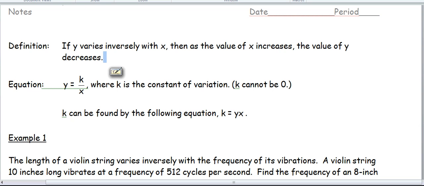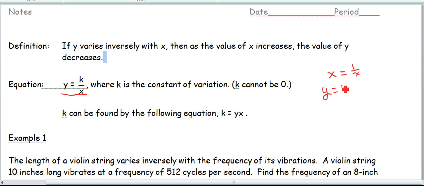Here we have y equals k over x. And let me explain to you how we get this. If I have x, and I ask you what is the inverse of x, the answer is 1 over x. So with normal variation, we have y equals kx.